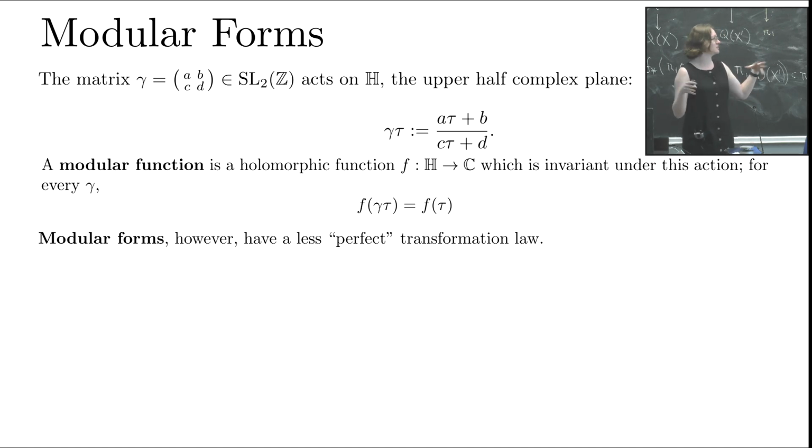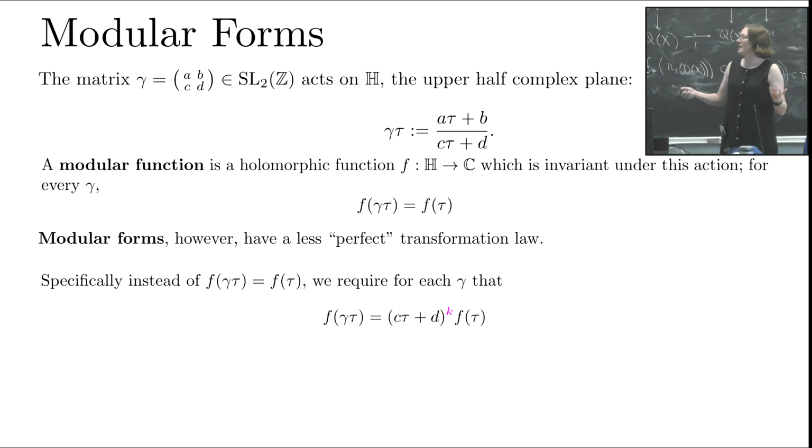And you can do some complex analysis to show that these functions are pretty limited in what they can be. But modular forms are objects that have this less perfect transformation law. So now we have a less restrictive condition. We can have more things. Specifically, rather than requiring f of gamma tau is equal to f of tau, we now require that f of gamma tau is f of tau multiplied by some quantity that depends on gamma.